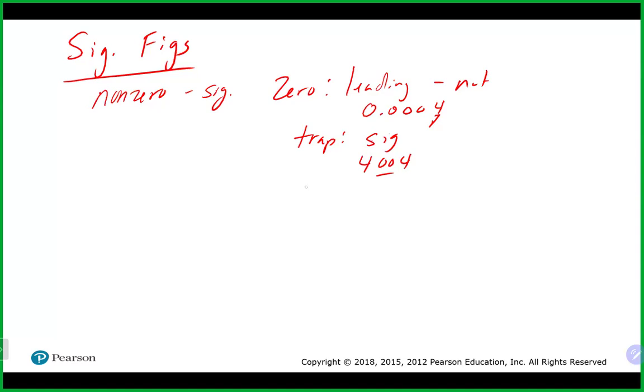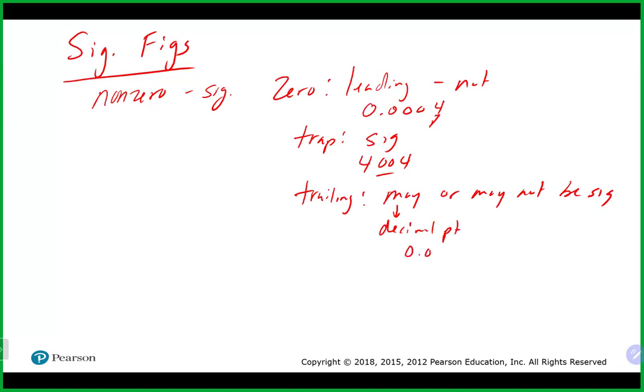And then we have the zeros at the end, sometimes referred to as trailing zeros. Those may or may not be significant. What determines if they are significant is if there is a decimal point written in the number, which would make those zeros at the end significant.